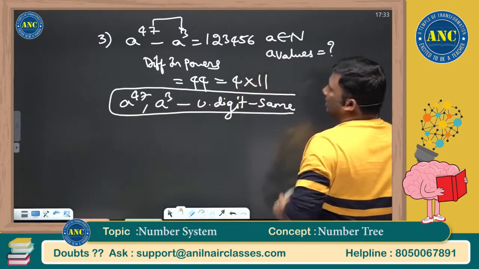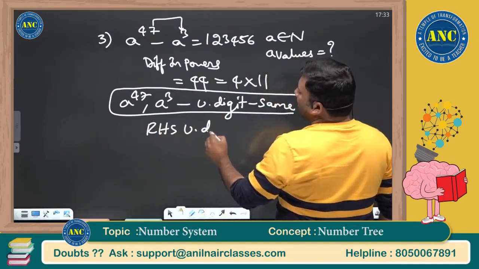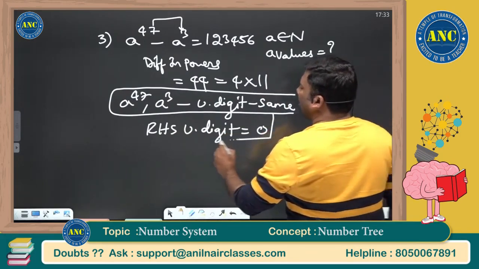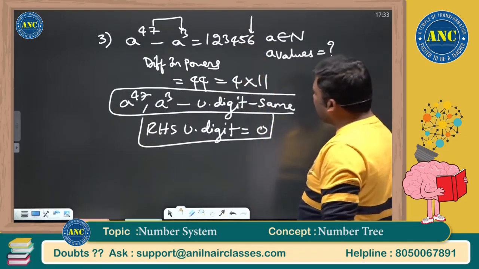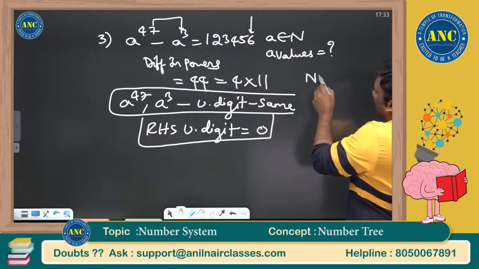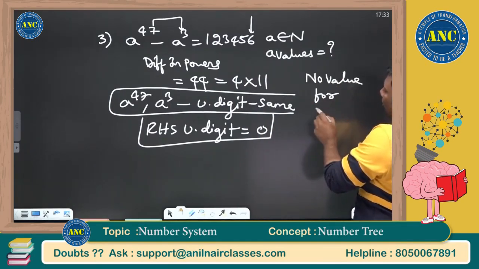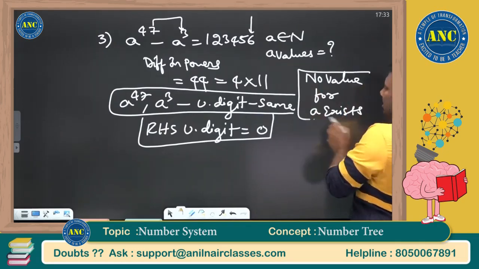If the unit digit is the same, what will be the right hand side unit digit? It will be 0. But according to the question, what is the RHS unit digit? It is 6. So the answer is no value for A satisfies this equation.